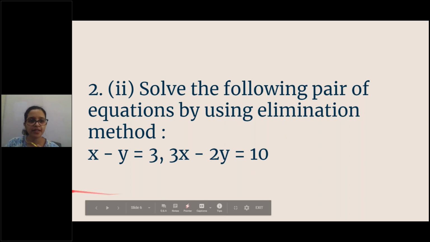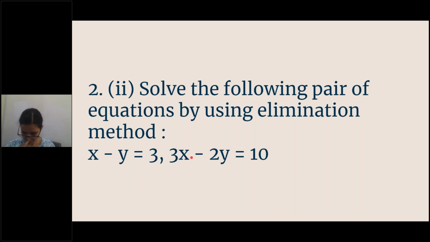So either multiply the first equation with 3 if you want to eliminate x, or multiply with 2 in case you're looking at eliminating y, and then proceed. And then tell me what value you get for y and x.